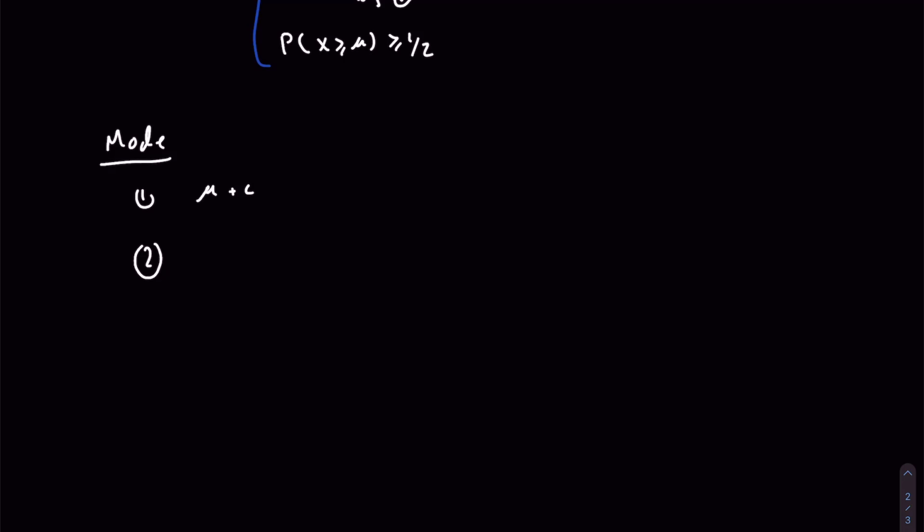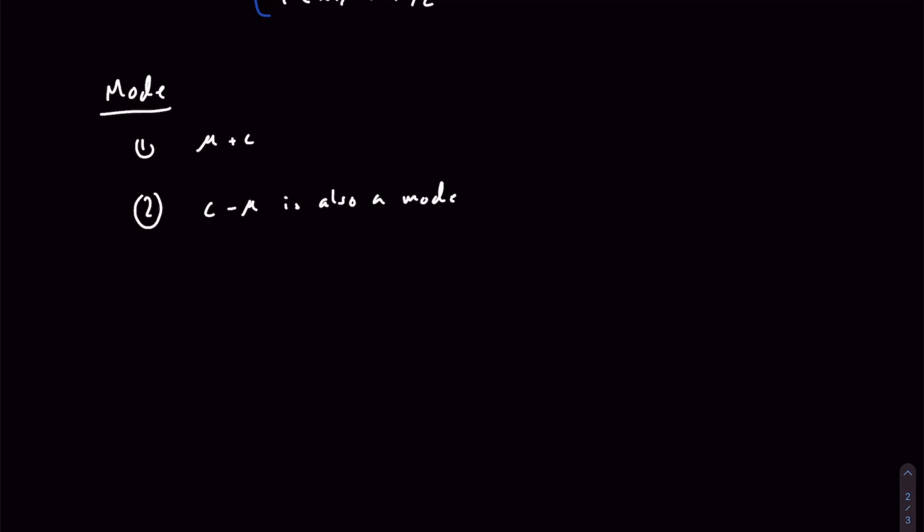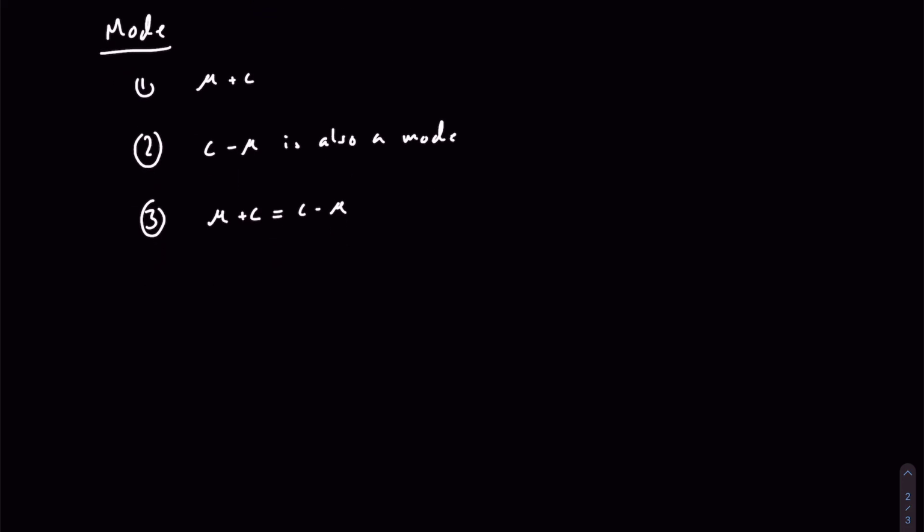we have that c minus mu is also a mode. Okay, but we just assumed that the mode is unique. So it means that mu plus c and c minus mu have to be equal. Now what does that show?